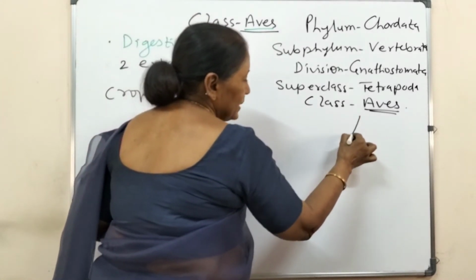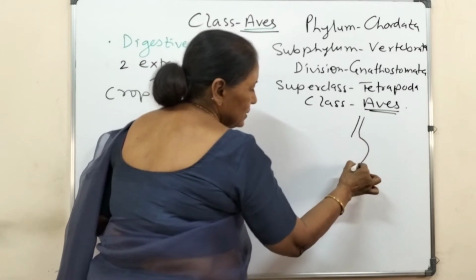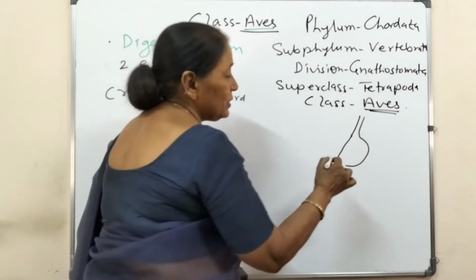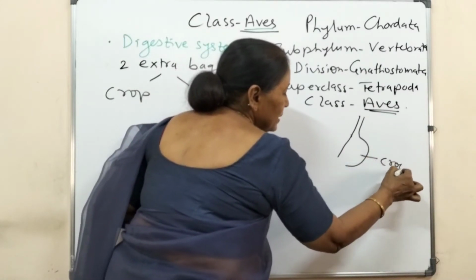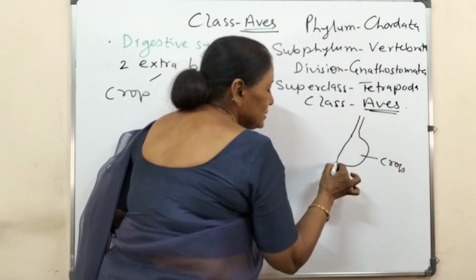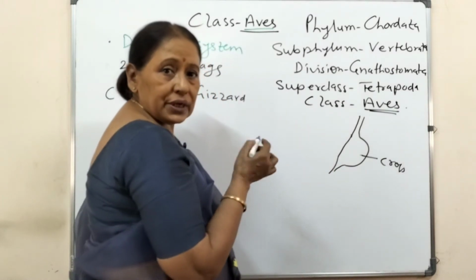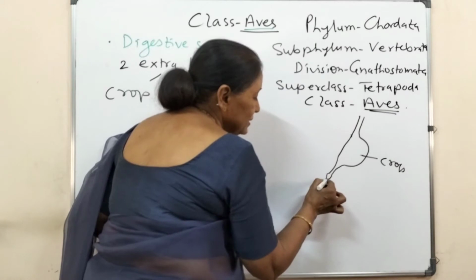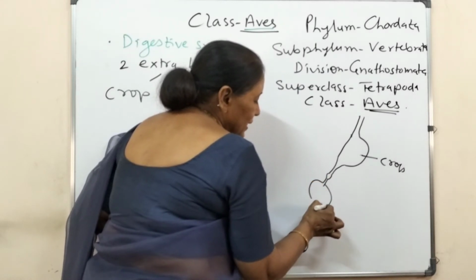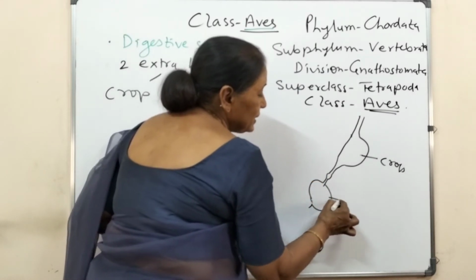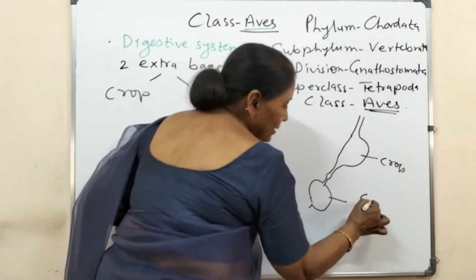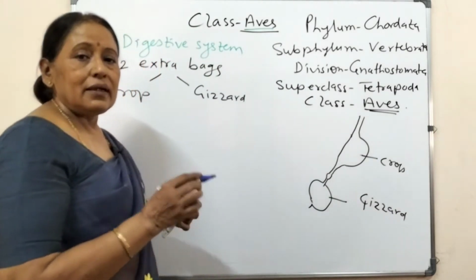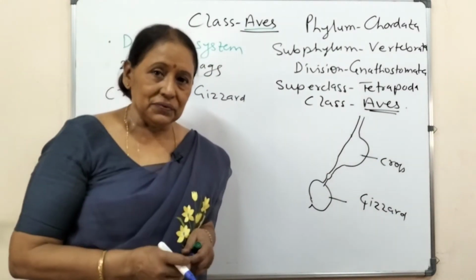If this is the esophagus, it widens and forms this crop. This crop is a temporary food storage organ before the food is digested. And then you will find the gizzard. This gizzard helps in grinding of the food.